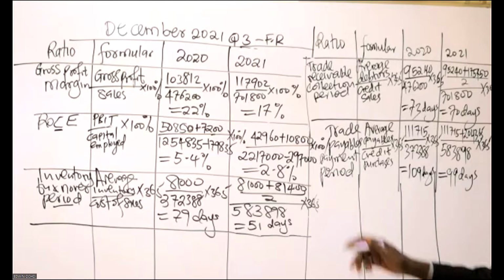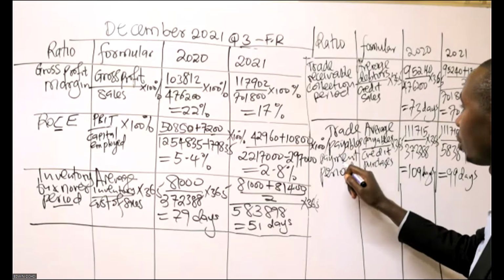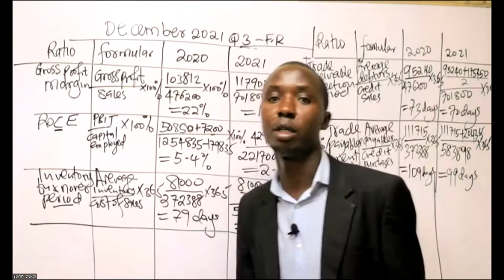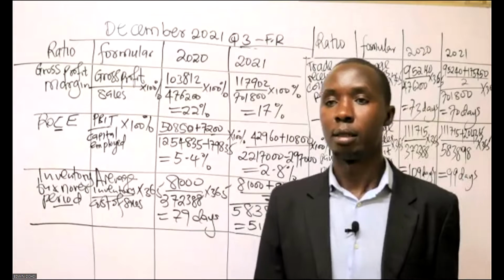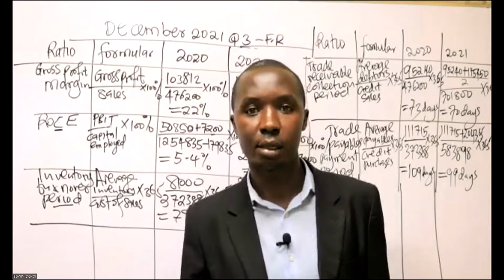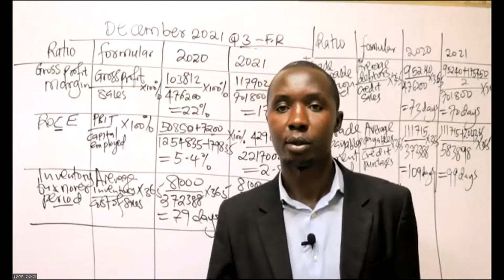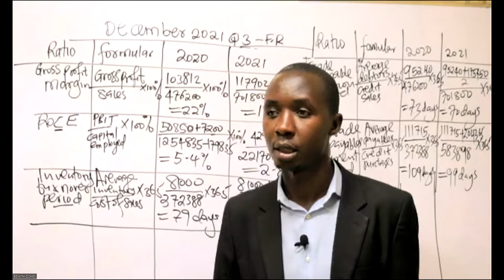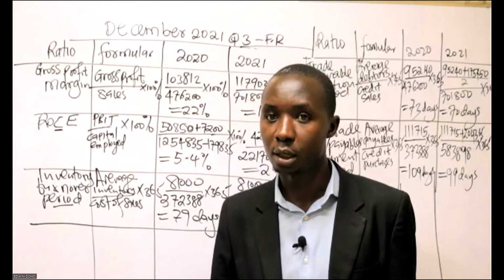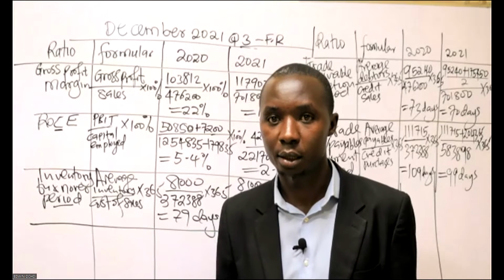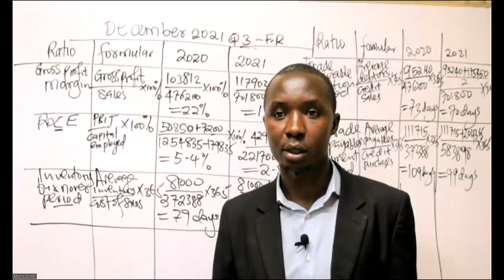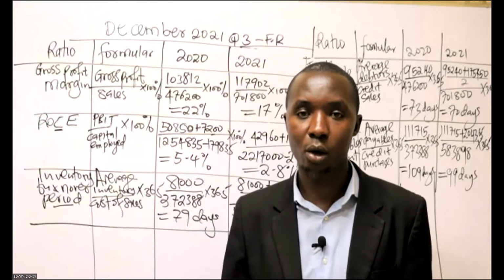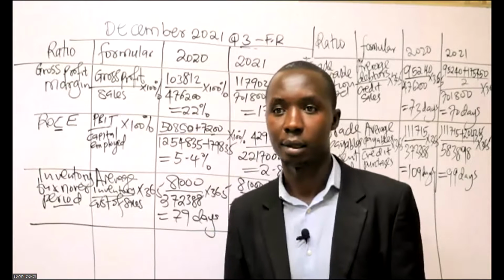So what does this one show? Trade payables payment period. The number of times the business is paying off its creditors, based on the credit purchases they made. Your suppliers are the ones called creditors.